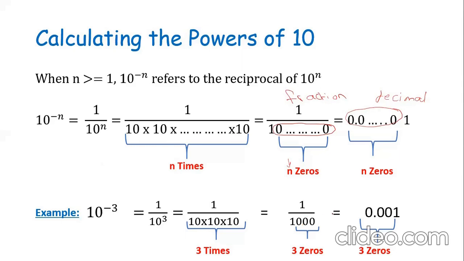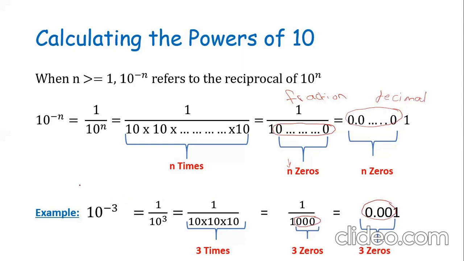And then, in order to transform this into a decimal, we write 0.001, where, of course, as we said, the number of zeros must be equal to 3 in total. So we have here 3 zeros. As we see, we have here also 3 zeros.